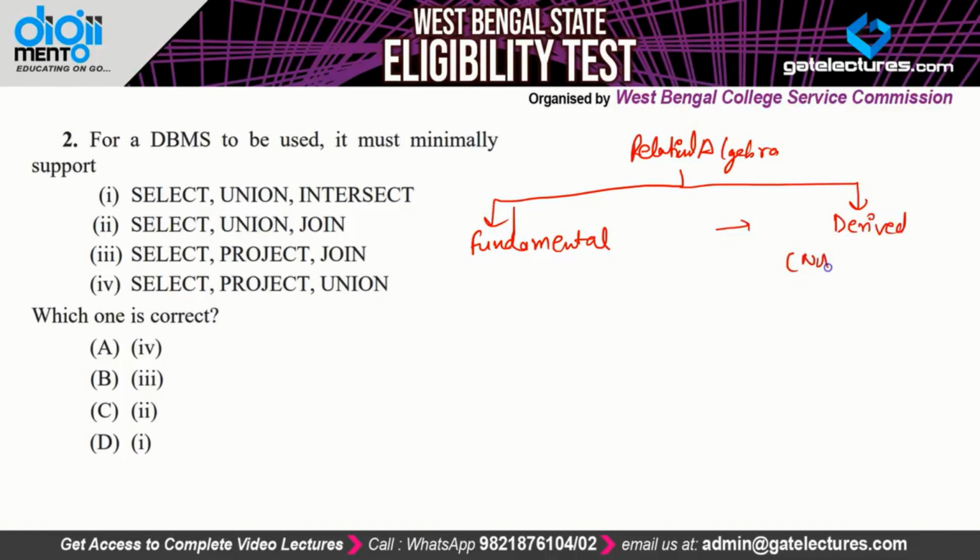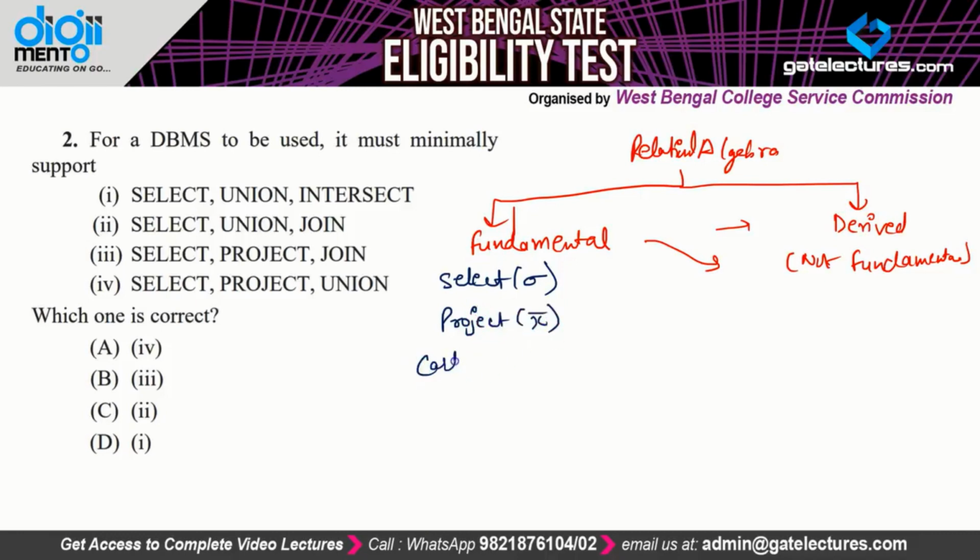non-fundamental operations. Why do we call them non-fundamental? Because these operations can be derived from the fundamental operations only. So fundamental operations are the operations which are absolutely necessary to be in the relational algebra. The fundamental operation is select, which is represented like this. The next fundamental operation is project, which is represented like this.